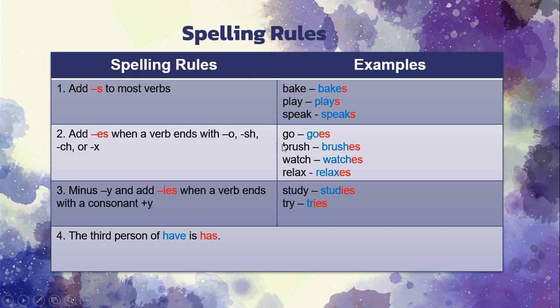For examples, go, goes, brush, brushes, watch, watches, relax, relaxes. Number 3. Minus y and add ies when a verb ends with a consonant y. For examples, study, studies, try, tries. And finally, number 4. The third person of have is has.